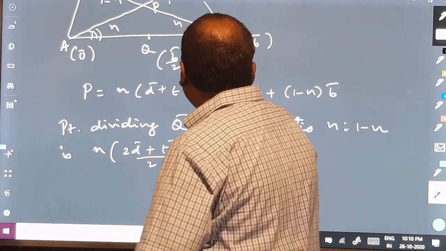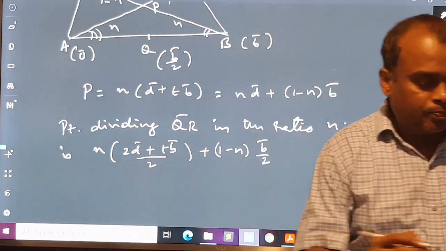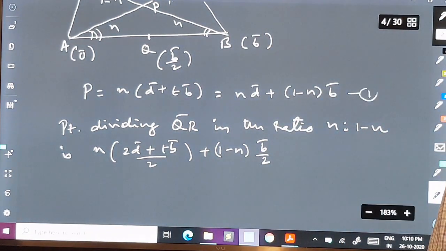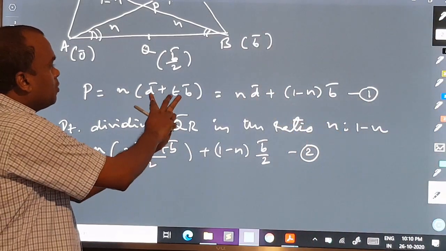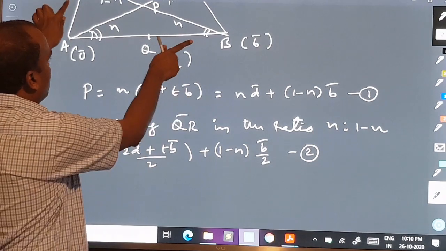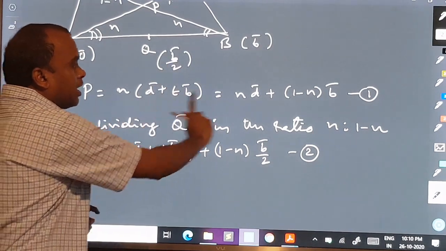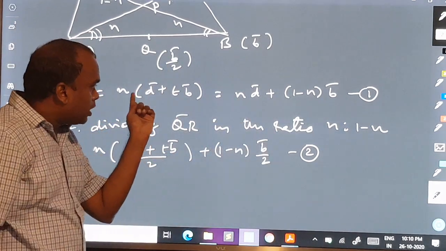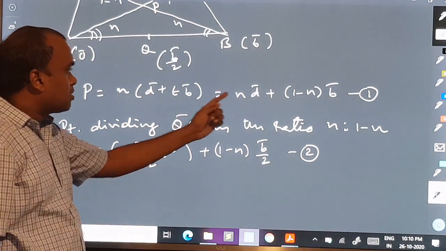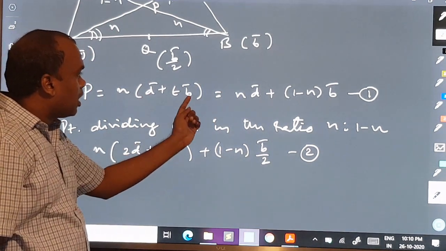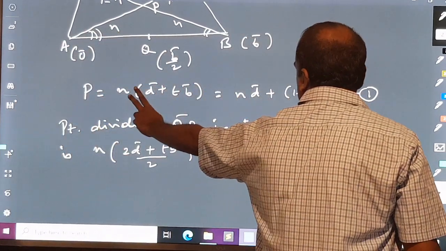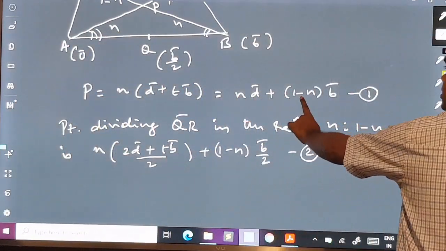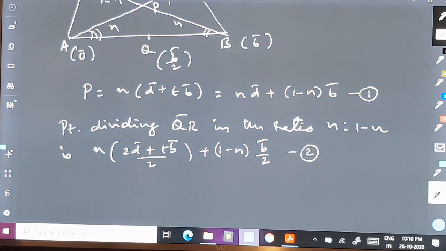Now let me call this as 1. Okay, this as 2. From 1, I want you to observe that as these two being non-collinear vectors B bar and D bar, I can equate the corresponding components, and equating the components of B bar on both the sides, you can see that on the left hand side I have nt, whereas here I have 1 minus n.